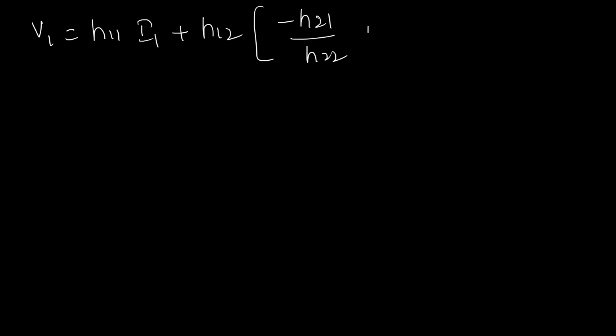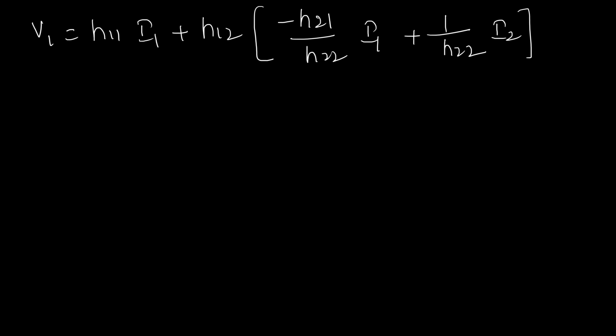This is V1 equal to H11 into I1 plus H12 into V2, and V2 is minus H21 by H22 into I1 plus 1 by H22 into I2. So here it is V2 we have expressed.